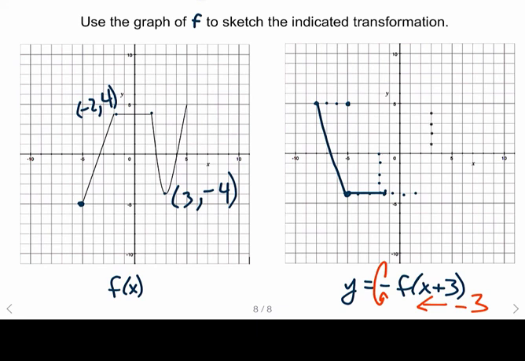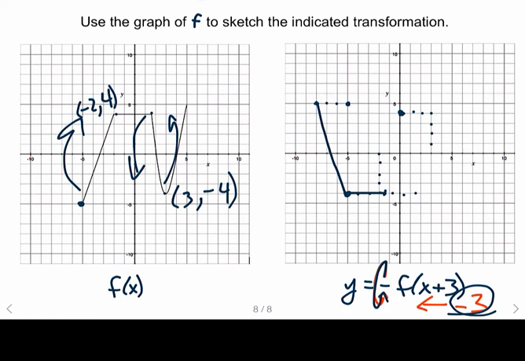So that flipping up and flipping down that we've been doing, that's because of the reflection. And then we take the result of that and move it to the left 3 units, and that's the result of the translation.